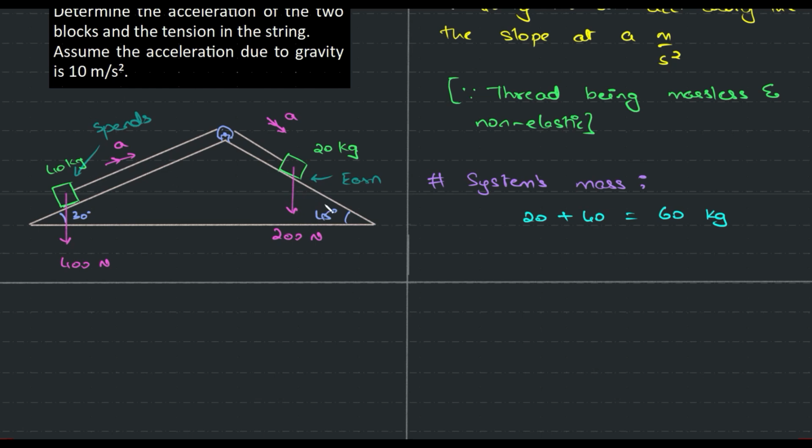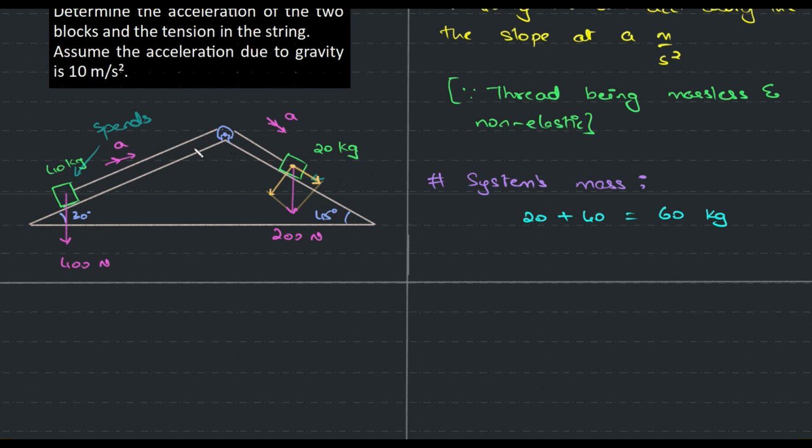The components of this. If I resolve it along the slope, that would be how much? Doesn't matter actually, 45, right? This is 45, so this entire thing will be 45, 45. And so this will be 200 cos 45.